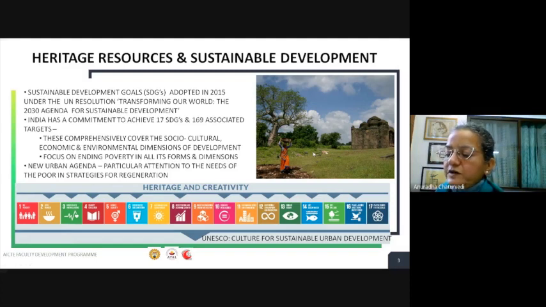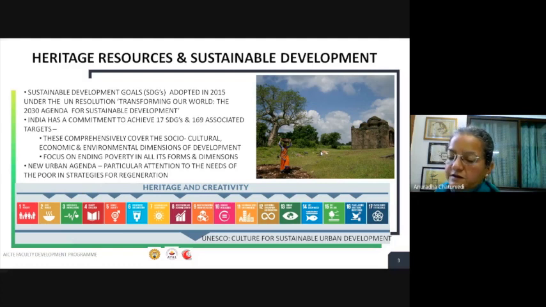The fourth is related to quality education. The fifth to gender equality. Sixth to clean water and sanitation. The seventh to affordable and clean energy. The eighth to decent work and economic growth. The ninth for industry, innovation and infrastructure. The tenth to reduction of inequality.